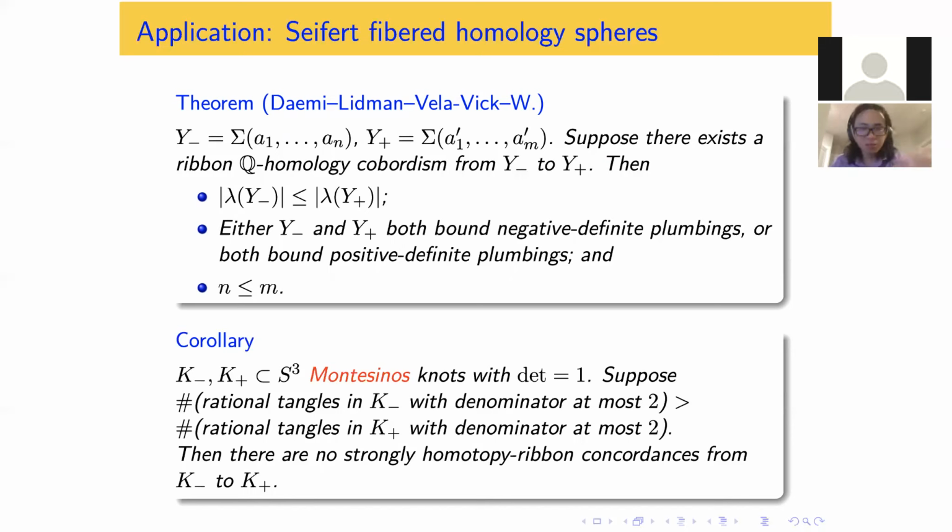The proof is very simple. You just take the branched double cover, and what you get is a Seifert fibered homology sphere, and the number of exceptional fibers in the Seifert fibered homology spheres is exactly the number of rational tangles with denominator at most 2. So you get that for free.